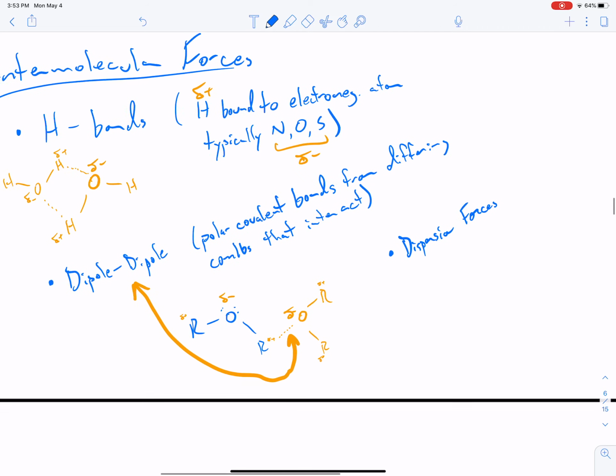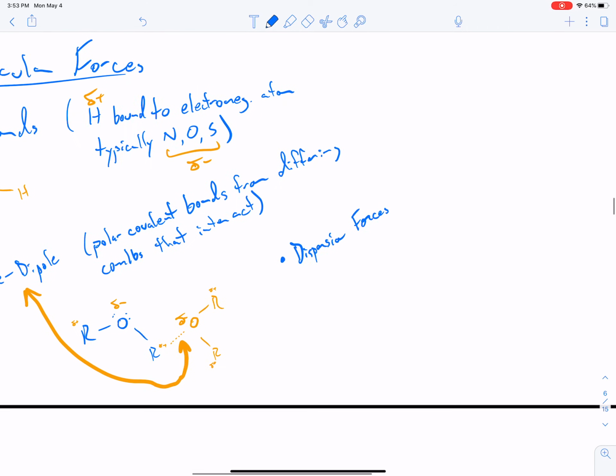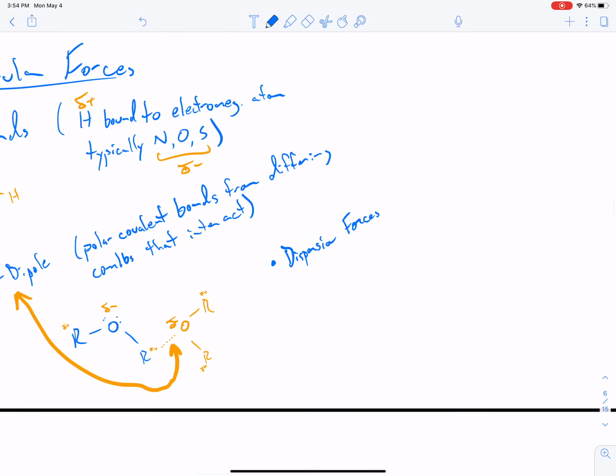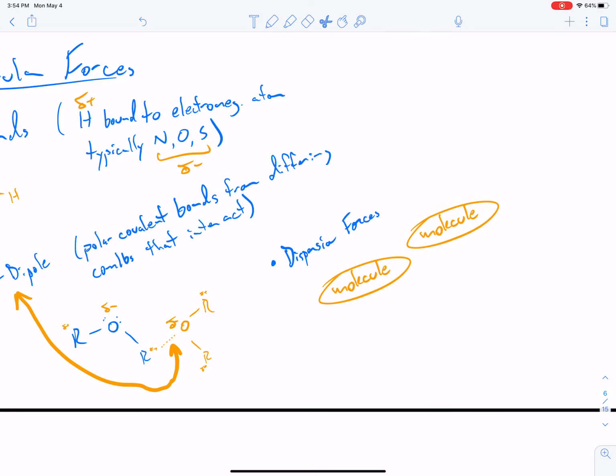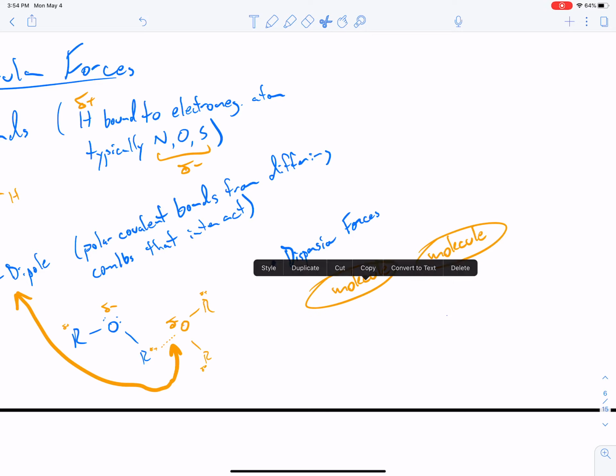And these dispersion forces are kind of fascinating, because basically what it says is, if I have a molecule, it's going to take up a certain amount of space. And this molecule, if it runs into another molecule, what happens is, as this one molecule is moving around, as it approaches this one here, the molecule's electron cloud shifts.